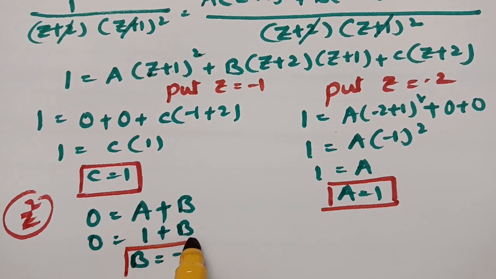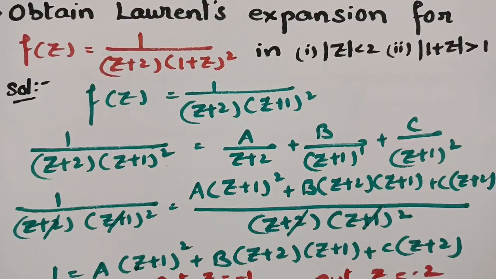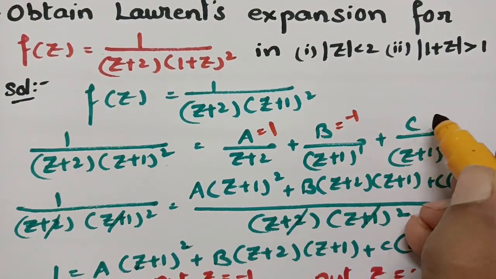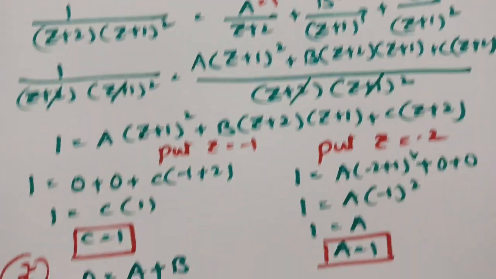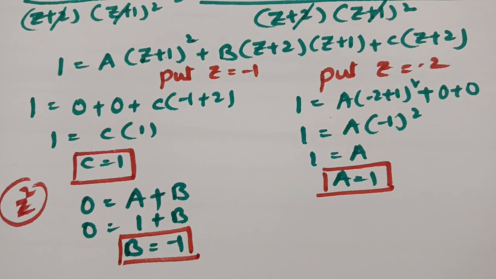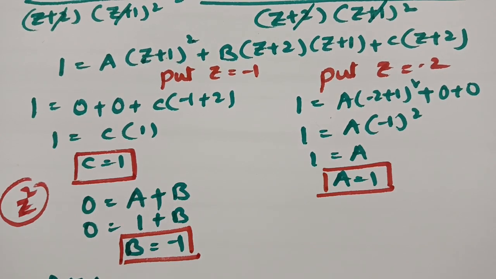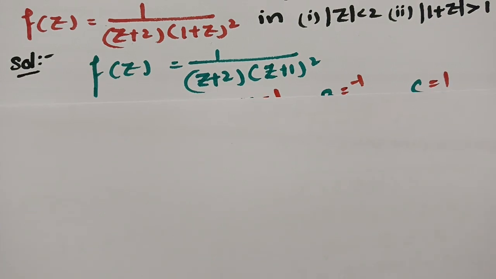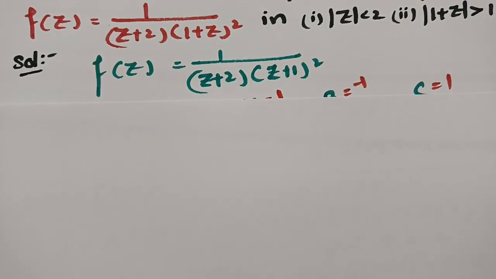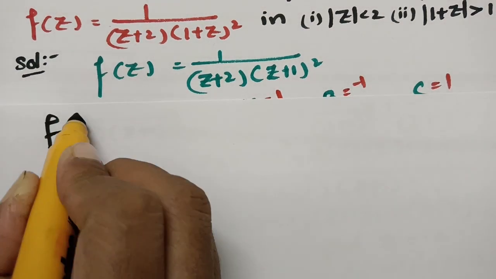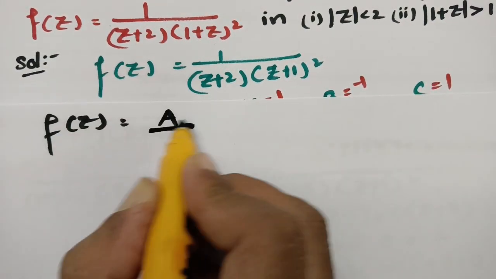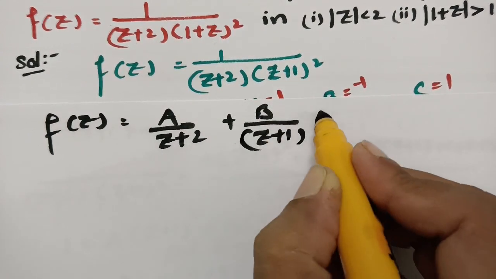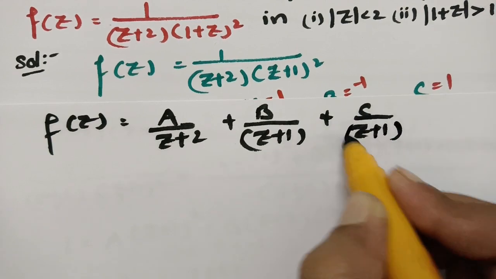So we got the value of b as minus 1. Therefore, if I put a is equal to 1, b is equal to minus 1 and c is equal to plus 1, our f of z value will become f of z is equal to a by (z plus 2) plus b by (z plus 1) power 1 plus c by (z plus 1) square.